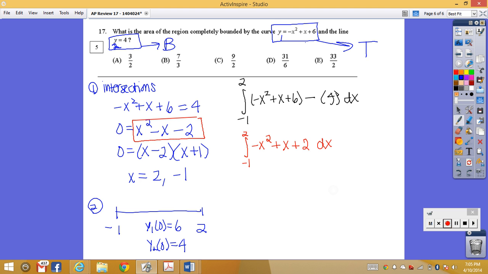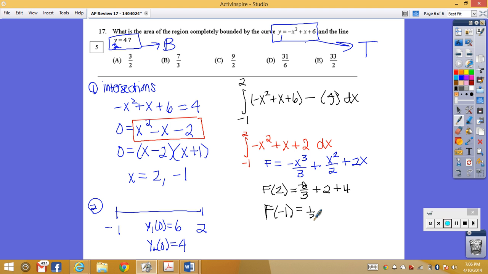Alright, antiderivative. Negative x cubed over 3 plus x squared over 2 plus 2x. F of 2 is negative 8 thirds plus 2 plus 4. F of negative 1 is positive 1/3, positive 1/2 plus 2.